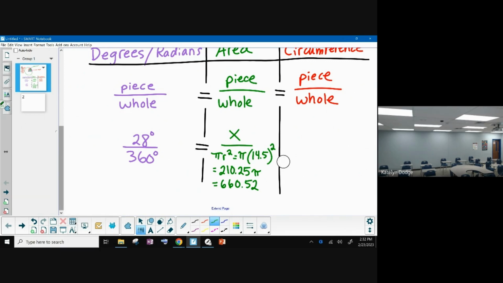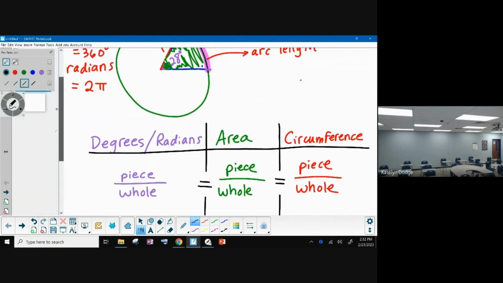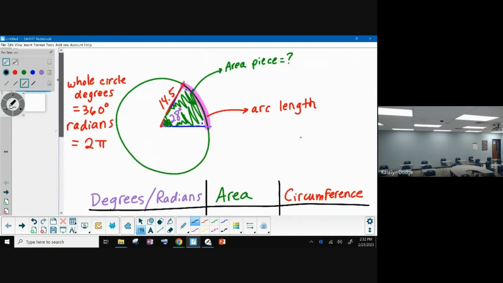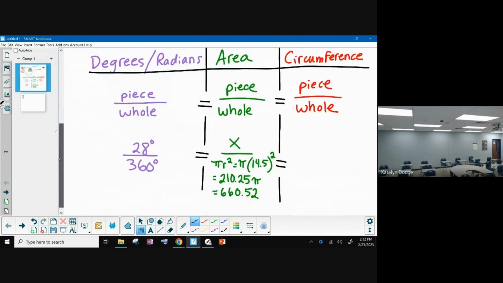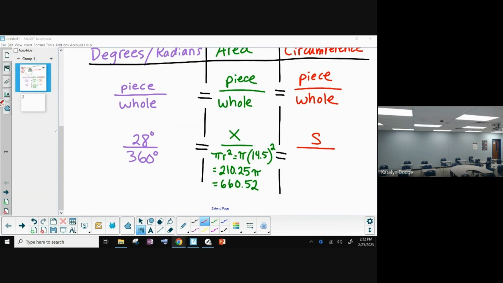Let's go to our final category. What information, piece over whole, can we plug in? Well, that piece from our circumference, that was what we were trying to find for our arc length. So a lot of times in geometry, you'll notice S is used for arc length. So let's just say I want to find whatever that arc length value is. Well, what's going to be my whole circumference?